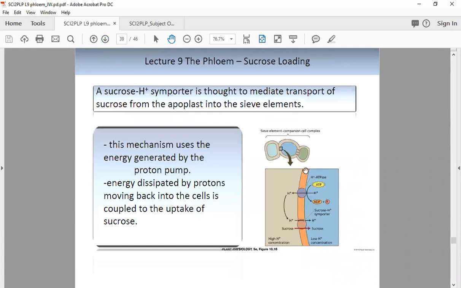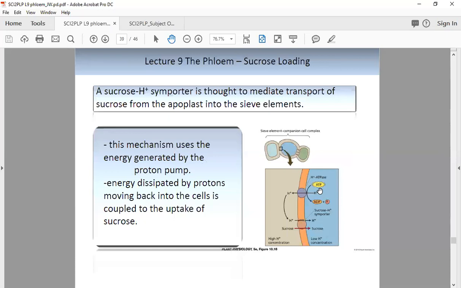All right, so let's have a look at this image down here. And we start with our proton ATPase, which will actively pump protons from this side to this side.